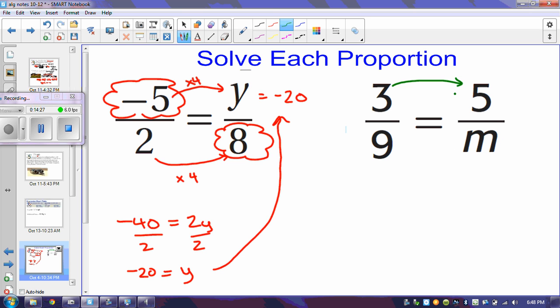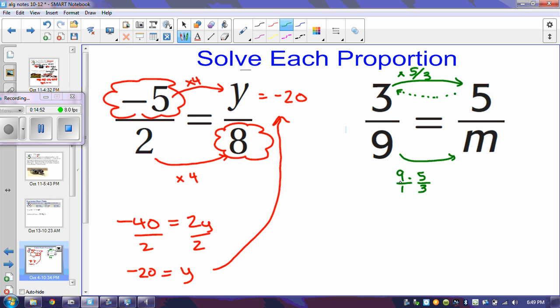But remembering that division is just the reverse of multiplying, I can figure out what to multiply by if I take the result 5 and divide it by 3. In other words, 5/3. If I multiply 3 with 5/3, I'll get 5. So coming down here, I can multiply 9 with 5/3, and it should tell me what m is.